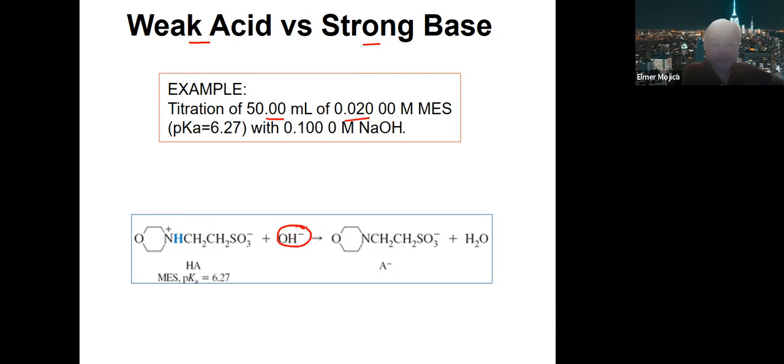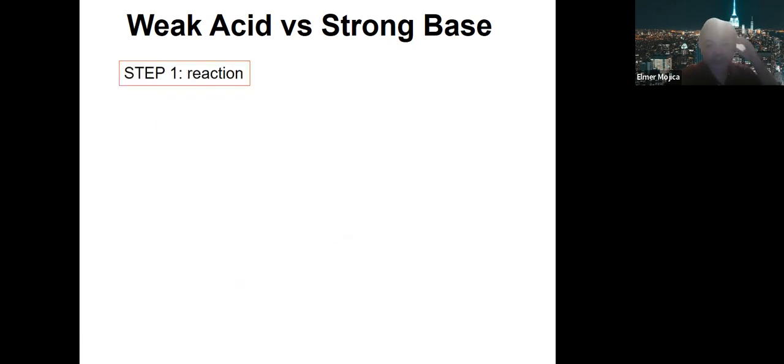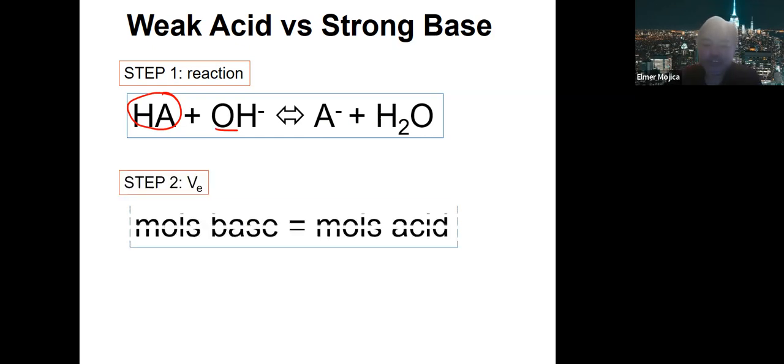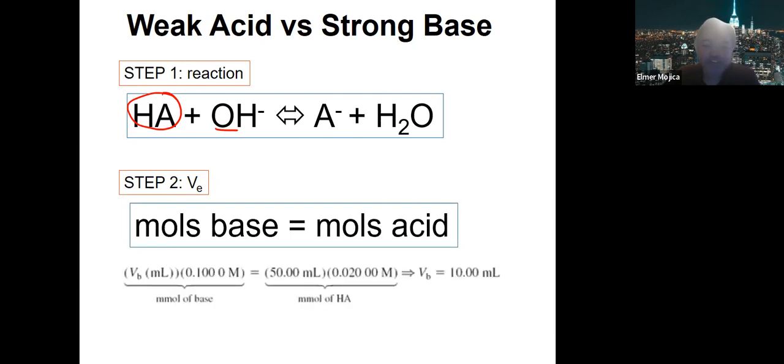So with this condition, we can look at this reaction. You have an HA here. See the difference: in a strong acid versus a strong base it is H plus and OH minus, but in a weak acid, we have an HA reacting with an OH minus to give us A minus and water. The next thing that we're going to do, just like before, is to determine the equivalence volume, because that's where the moles of your acid equal the moles of the base.